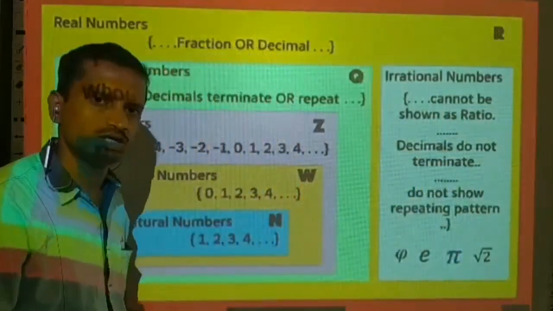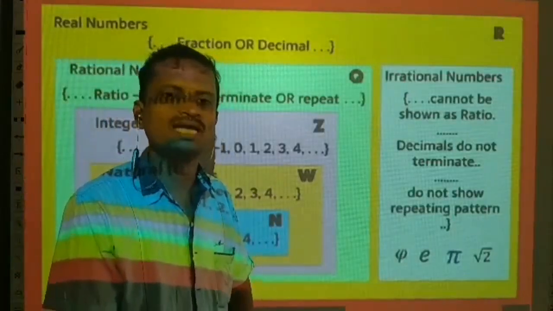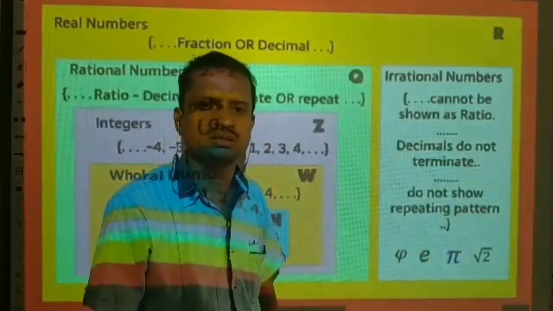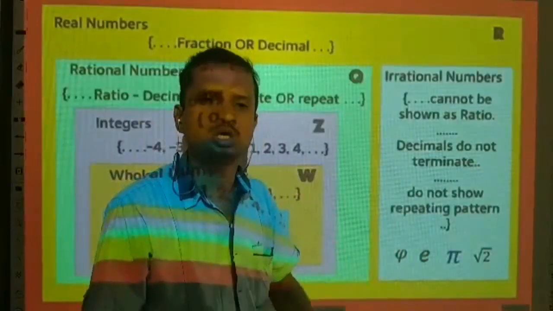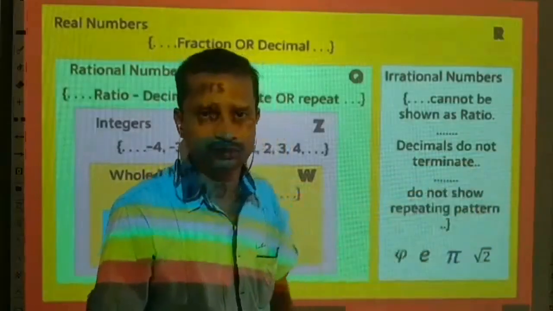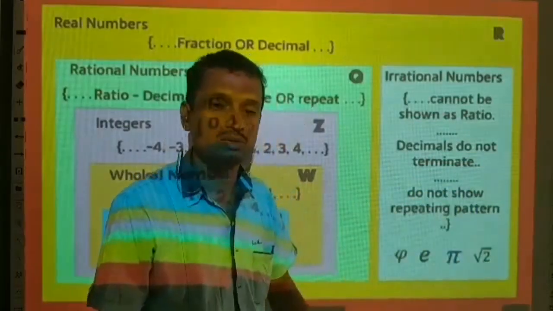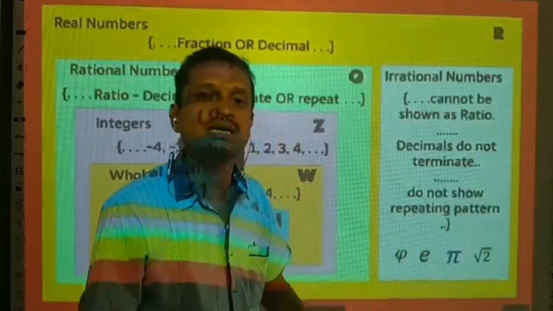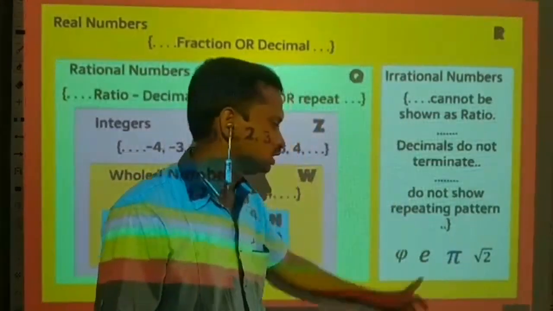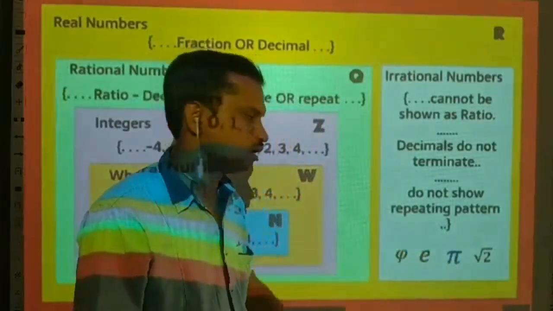Rational numbers we can show as a ratio, for example 2/3, but irrational numbers we cannot write as 2/3, or generally P/Q. In decimals, they do not terminate and do not show a repeating pattern. That means non-terminating and non-repeating numbers are irrational. Examples are π, √2, e, which higher classes will use.